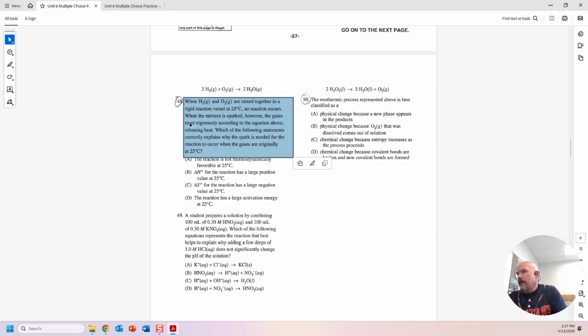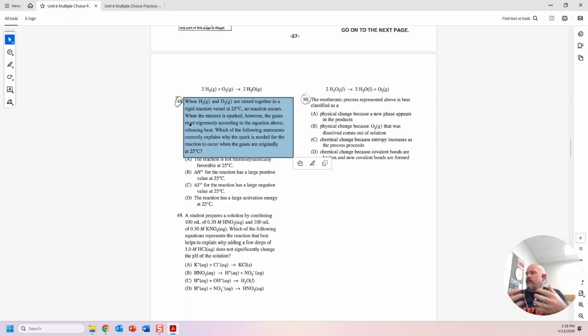It could be exothermic, it could be endothermic. It's a favorable reaction at this temperature, but when you mix the two reactants, the reaction doesn't happen. You're going to see this probably once or twice on the AP exam: a reaction is thermodynamically favored, but it's not happening.